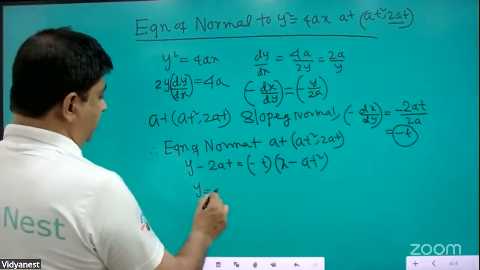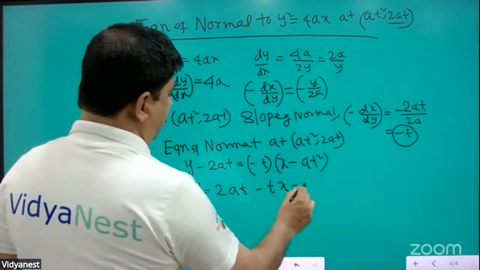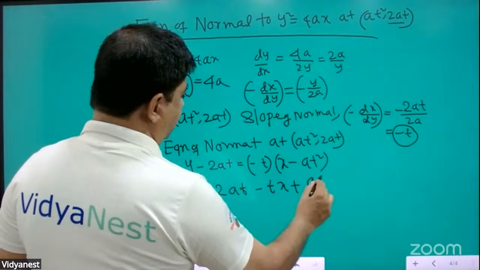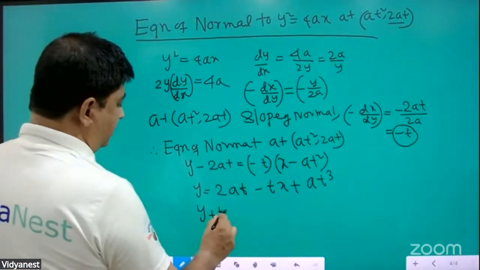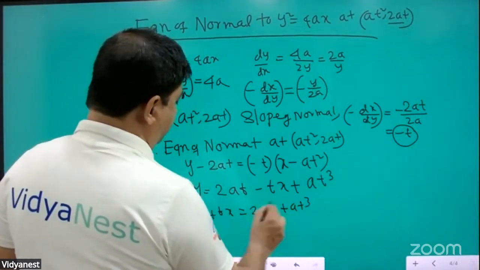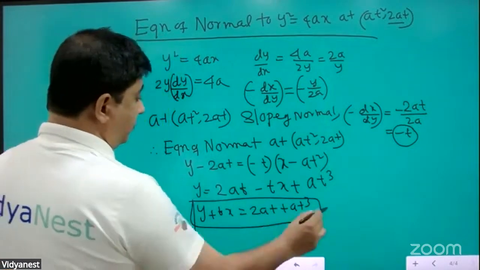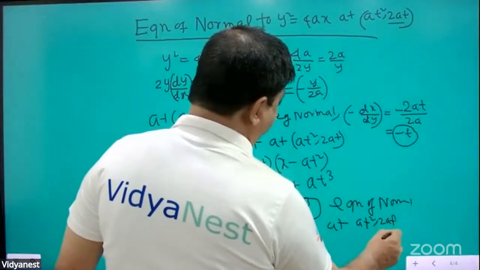So y is equal to 2at minus tx plus at cube. So y plus tx is equal to 2at plus at cube is the equation of normal at (at square, 2at). Okay, that is the equation of normal.